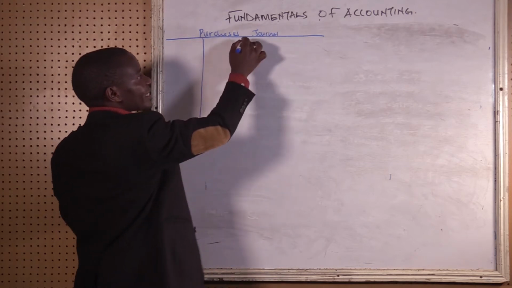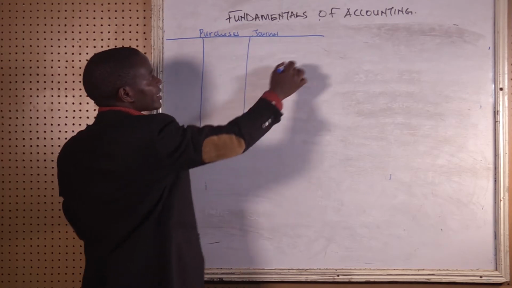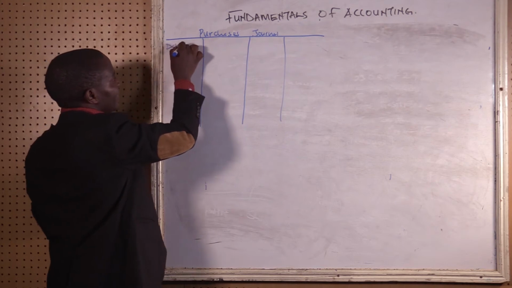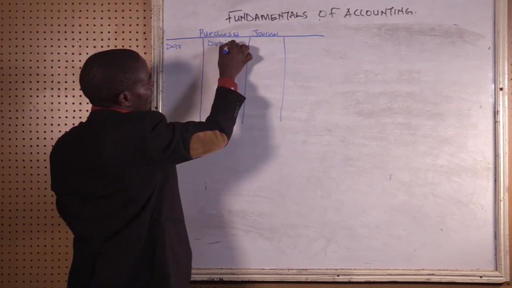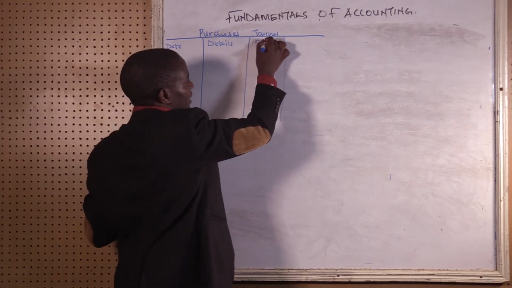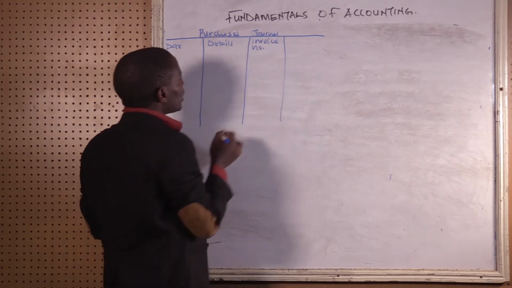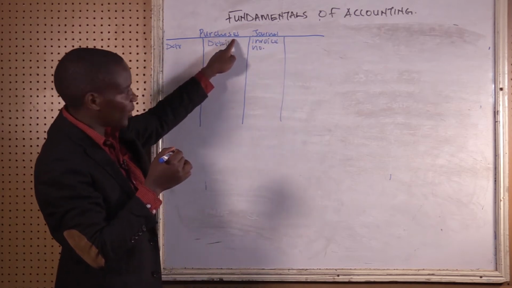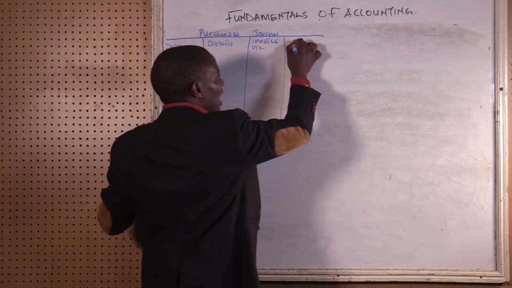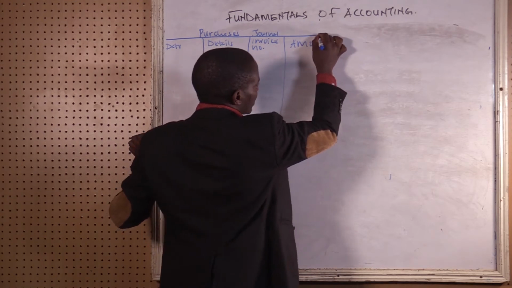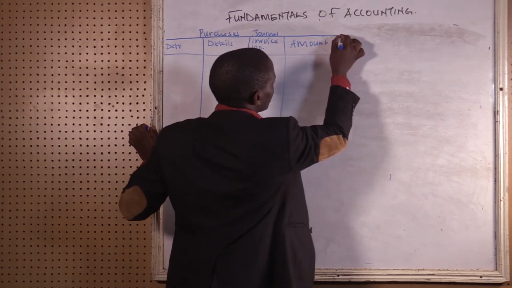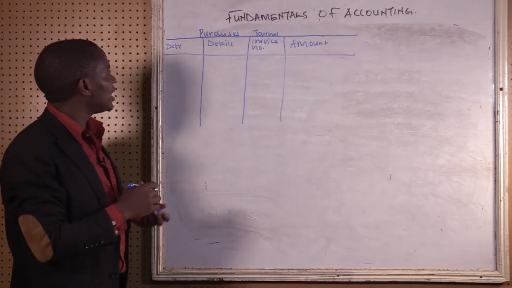We shall have the date, the details, the invoice and the amount. For purchases and sales journals we have the invoice number, and here we shall have the amount. That is how our purchases journal will look.